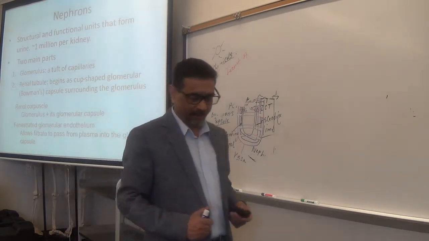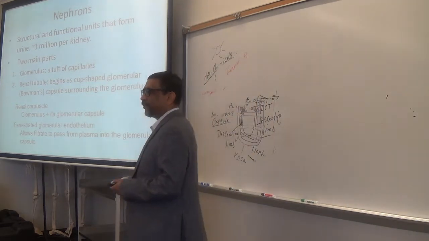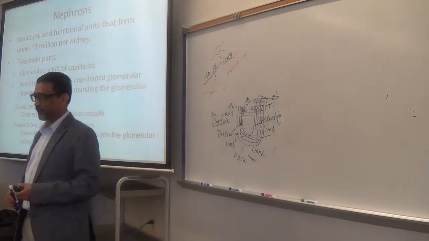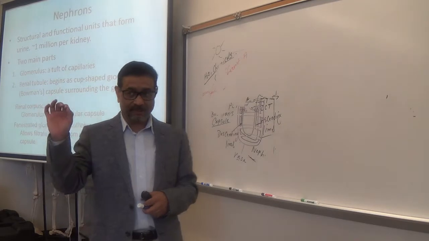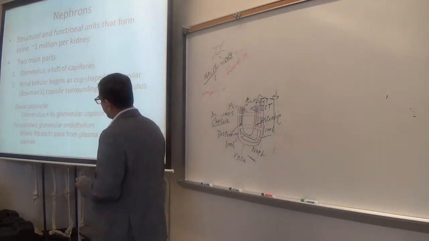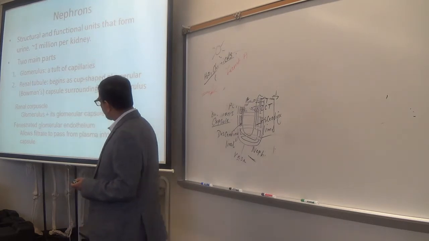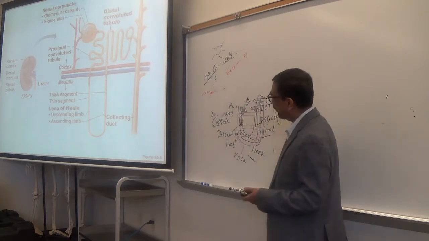How many nephrons are present in each kidney? About 1 million. So now you can think how small, right? The nephrons are. But each nephron can produce urine. Here, you see, I already showed you.